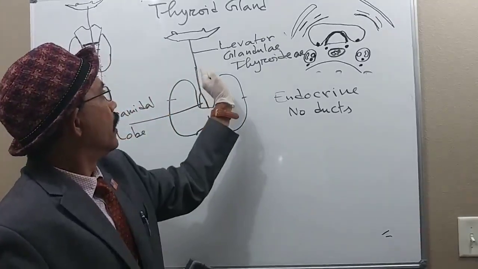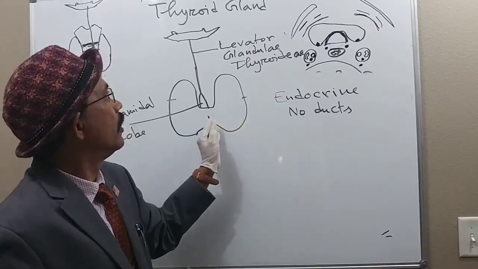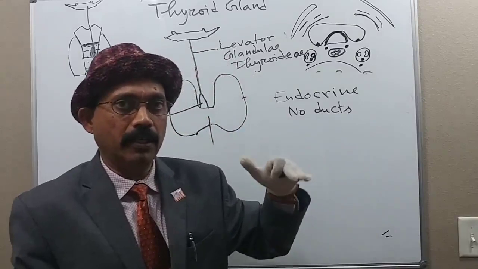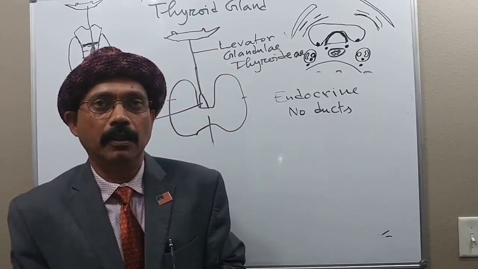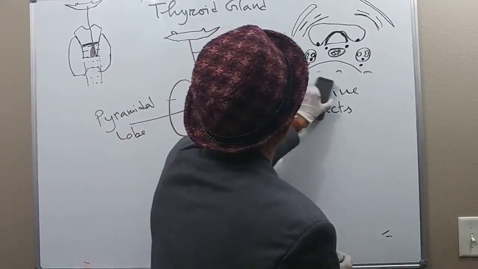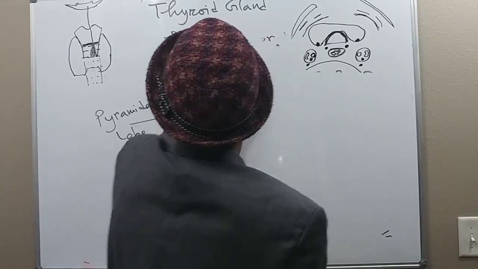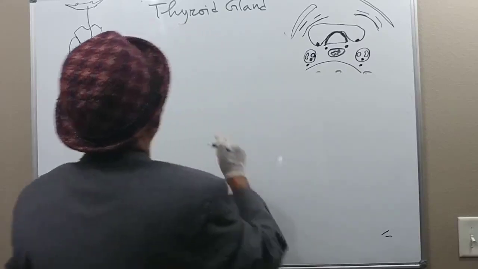Under the capsule of the thyroid gland we also have a venous plexus. Now I will go to the blood supply of the thyroid gland, which is very important.